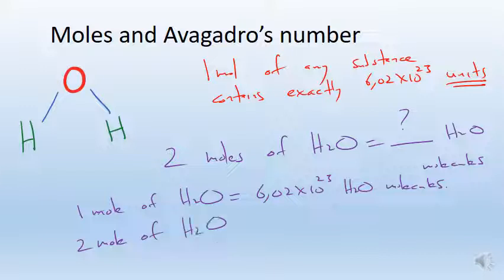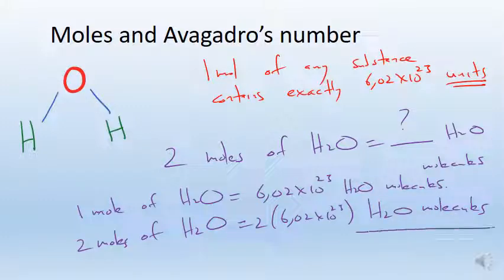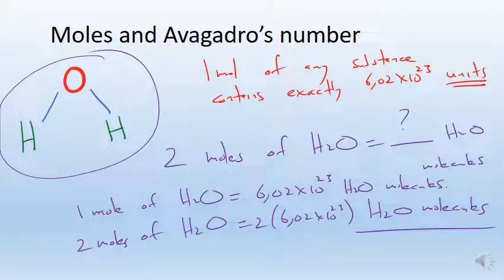So 2 moles of water would be 2 times Avogadro's number, water molecules. Do you understand that? So if 1 mole is 6,02 times 10 to the power 23 water molecules, double that, you have double the number of water molecules. Okay, that's a structure of a water molecule. A single oxygen atom combining with 2 hydrogen atoms.